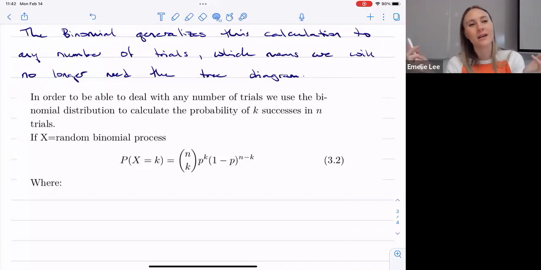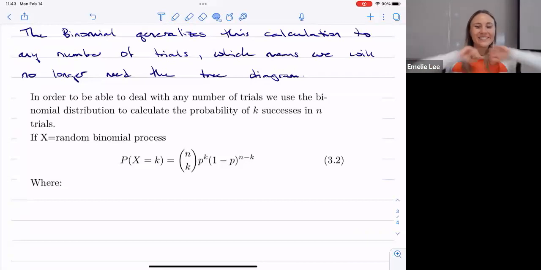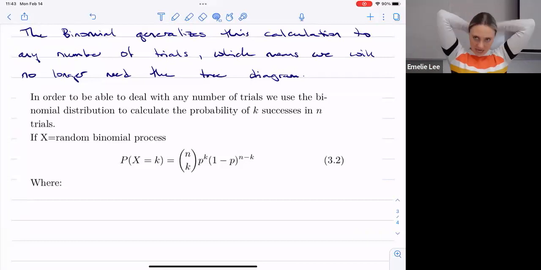Computers can do it all, but for us, we don't want to do it all. So that's one of those examples where the binomial would not apply because they're dependent.